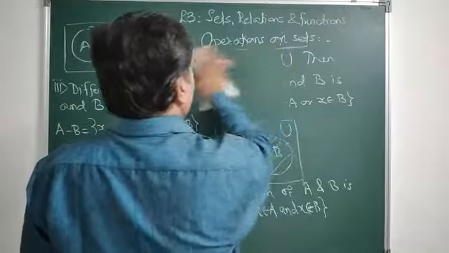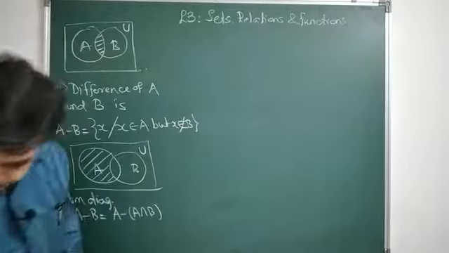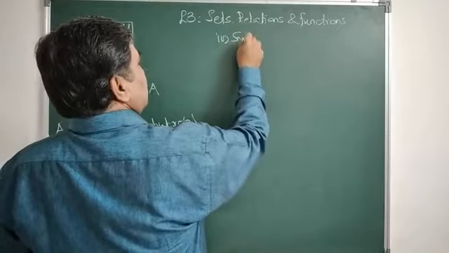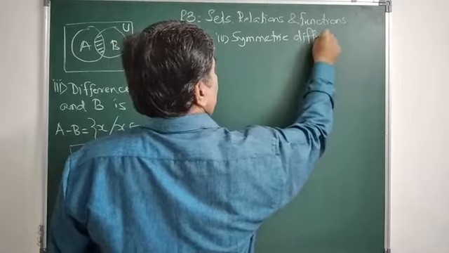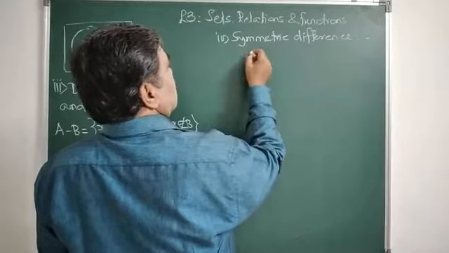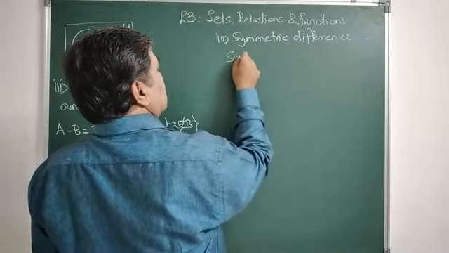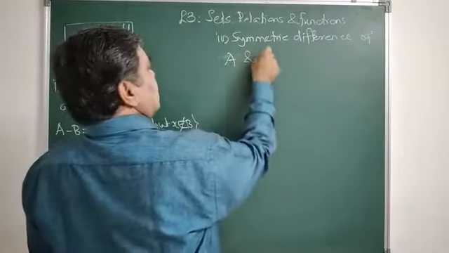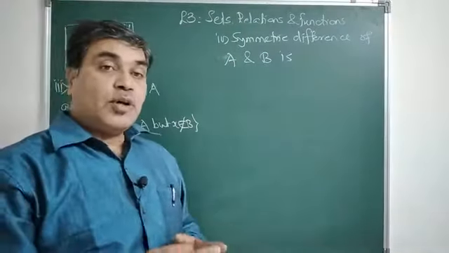Then symmetric difference operation. Fourth one, symmetric difference of A and B is the set of those elements which lie in A or in B but not in both.